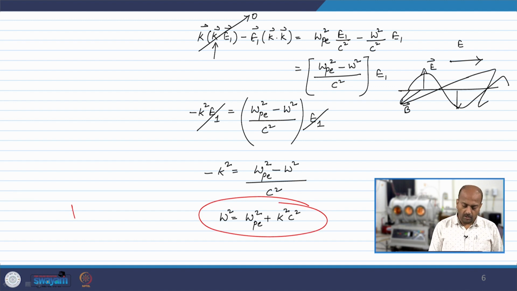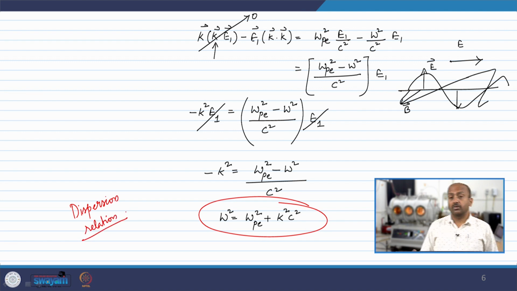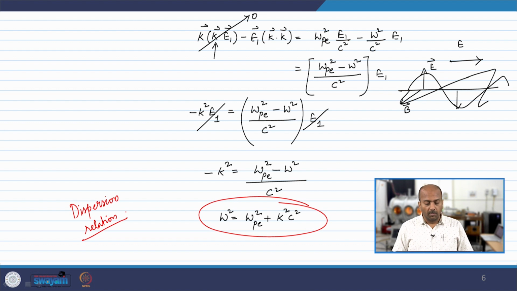This is the dispersion relation which expresses the propagation of electromagnetic waves in plasma. So, we have omega, which is the frequency term, omega pe, which is the plasma frequency, k square, the wave vector square, and c square, the speed of light square.